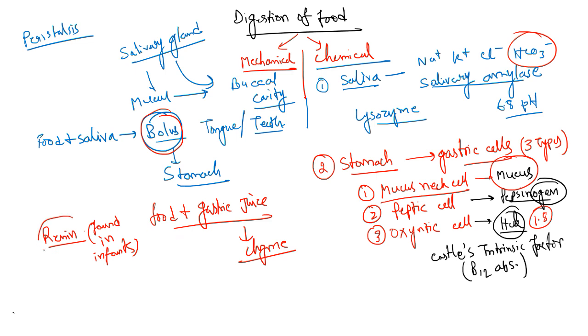Renin is helpful for digestion of milk protein. That's why infants generally have more renin, and that's why they can digest milk quite easily, more than most adults. Apart from that, gastric lipase is also there.